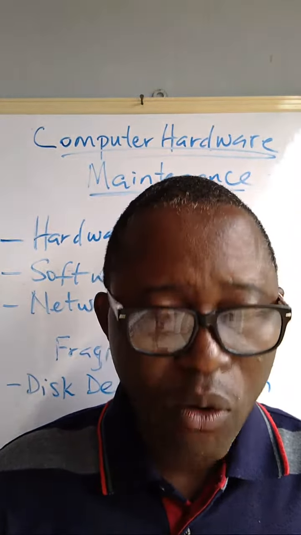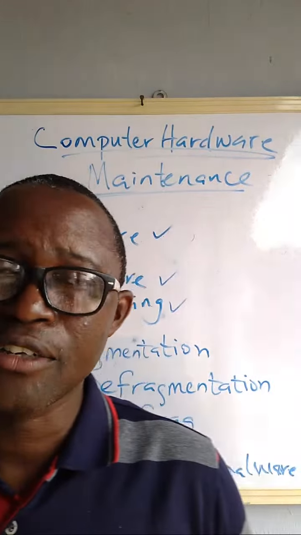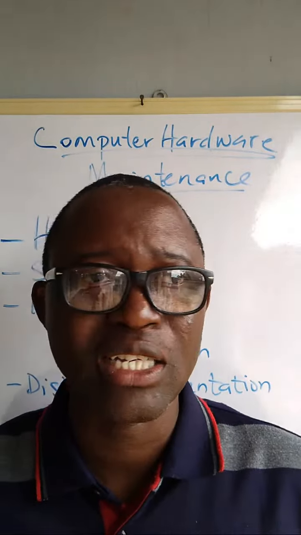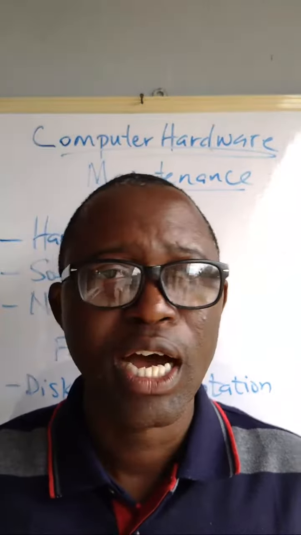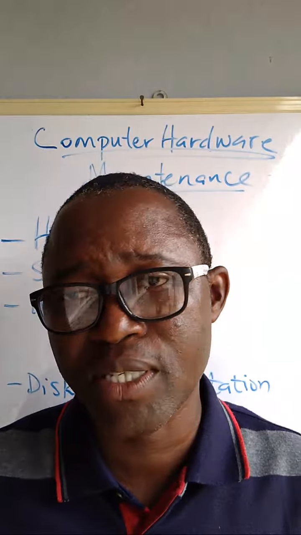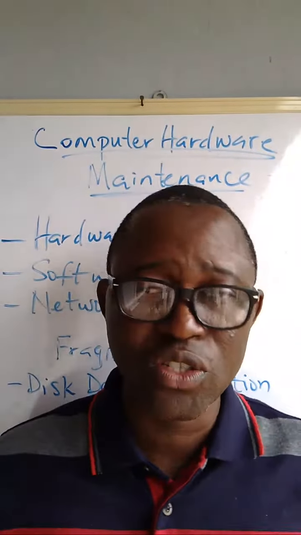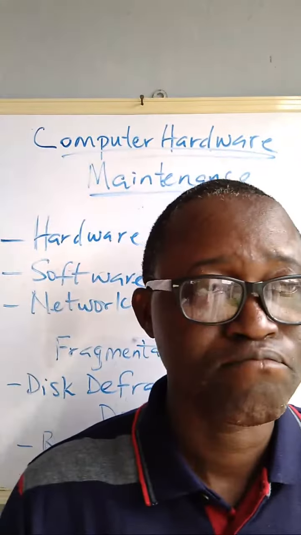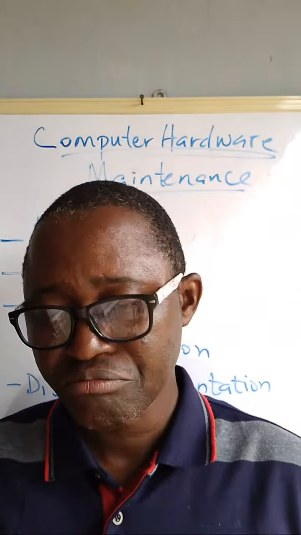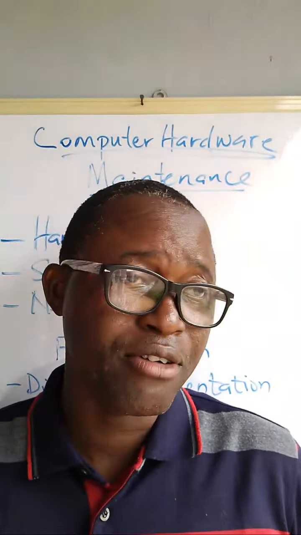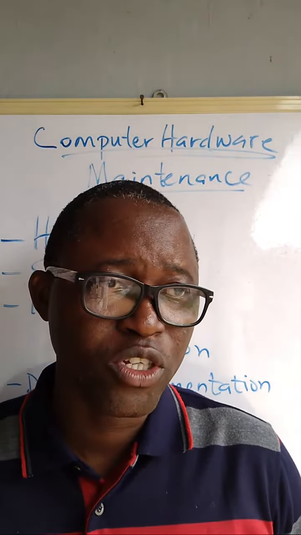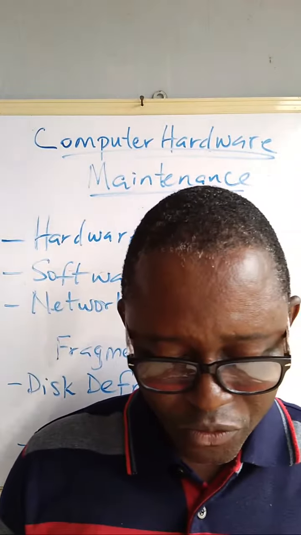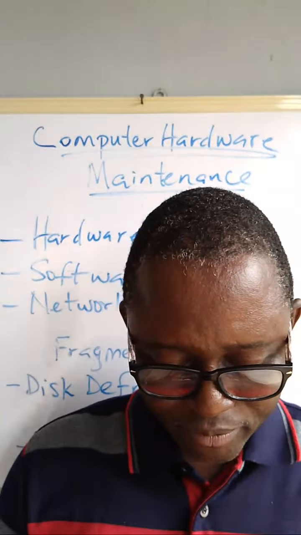So, after working for so long, the hard drive storing the software may be fragmented because there are many sectors on the hard drive, and the software can be broken into several pieces, and the pieces are stored in various locations on the hard drive. So at this point we say the software becomes fragmented. It has become fragmented. Okay?